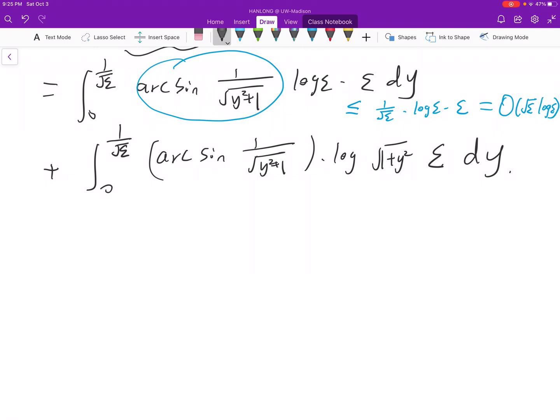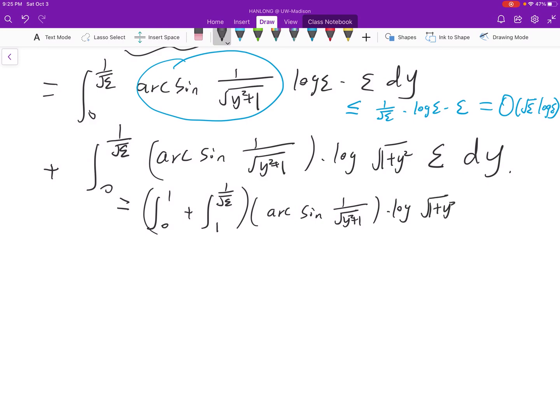This can be written down as integration from 0 to 1 plus integration from 0 to 1 over square root epsilon, and the integrand is the same, arc sine 1 over square root y squared plus 1 times log square root 1 plus y squared times epsilon dy. For the first integral from 0 to 1, of course, it's bounded by epsilon, so O epsilon.